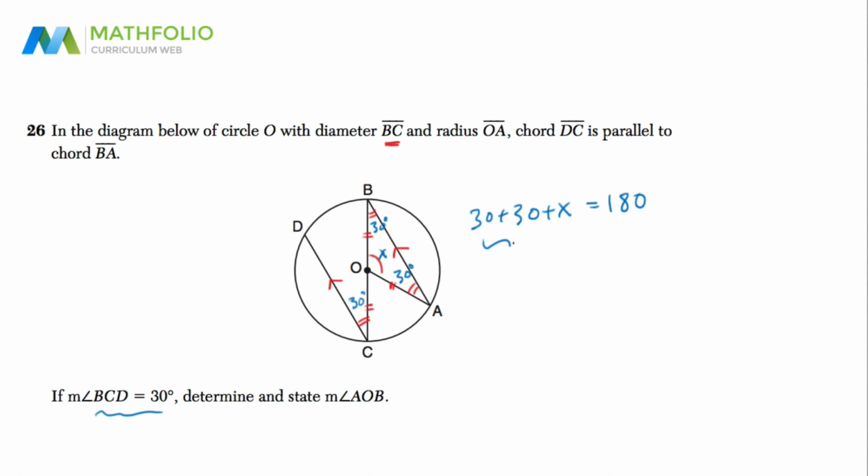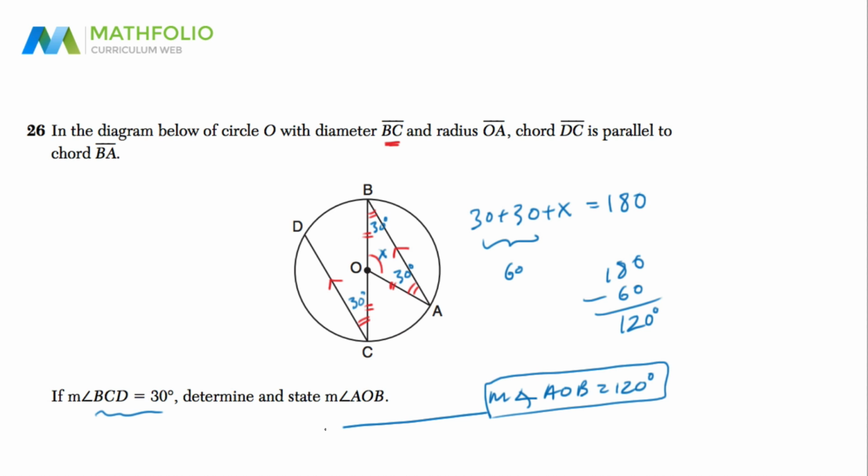So if these two give you 60, so therefore if we take the 180, subtract the 60, gives us 120 degrees, so the measure of angle AOB equals 120 degrees. Notice how I rewrote it with the AOB, because that's what we're asked for. We're not asked for X, so you should always try and restate it with what they were asking for.